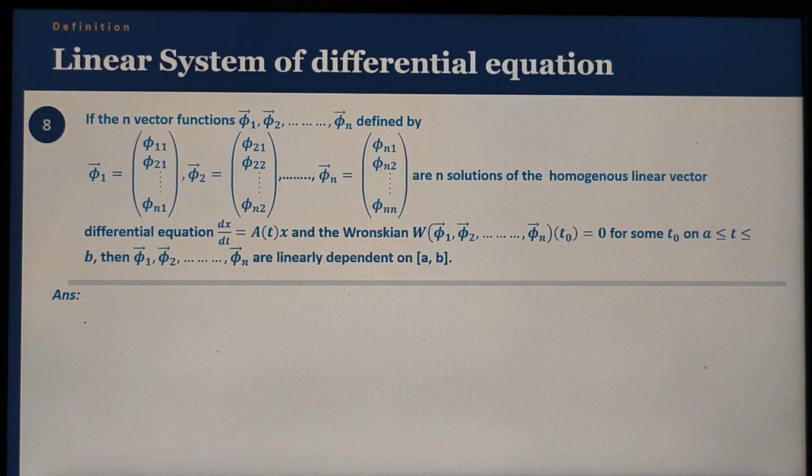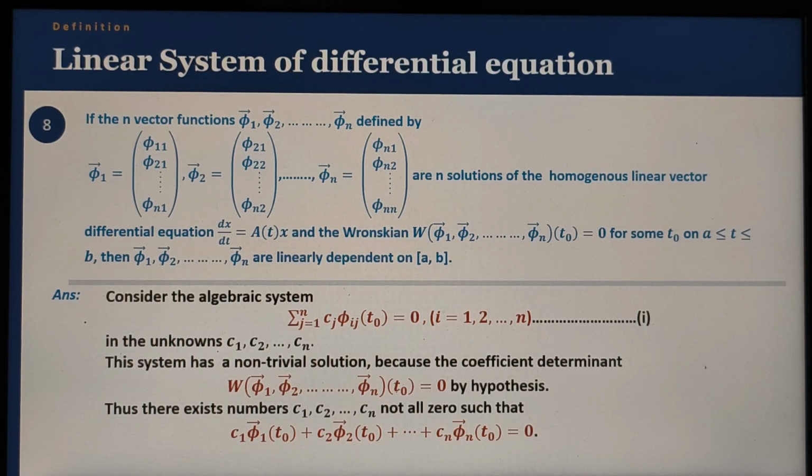and next we prove the opposite theorem. If n vector functions phi 1, phi 2, phi n are n solutions of the homogeneous linear vector differential equation dx/dt equal to A(t)x, and the Wronskian W at the particular point t0 is equal to 0 for some t0 with a less or equal to t0 less or equal to b, then phi 1, phi 2, phi n are linearly dependent on [a, b].